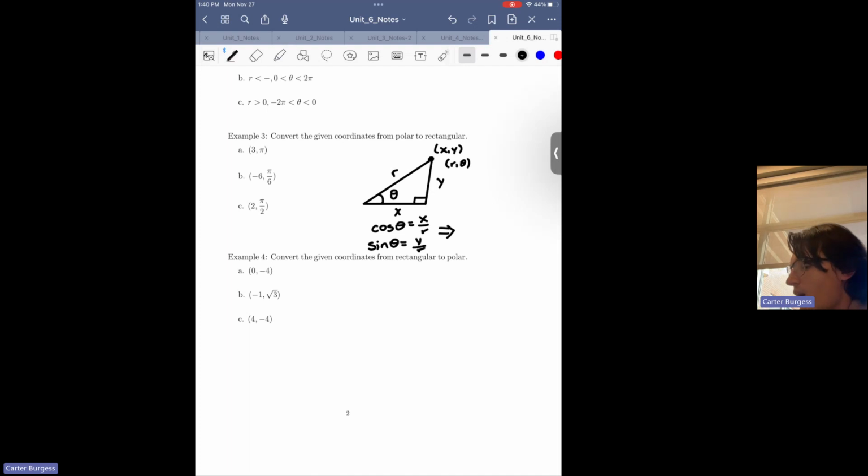Yeah, multiply everything by r. I get an equation that I said, I believe the first time we went over this, maybe a month ago, was going to keep showing up: the idea that x should be equal to r cosine of theta, and that y should be equal to r sine of theta.